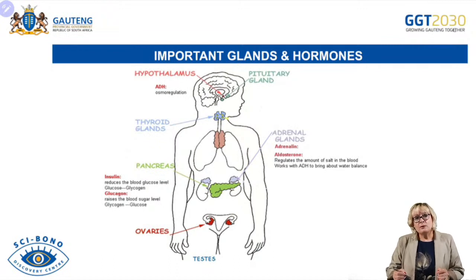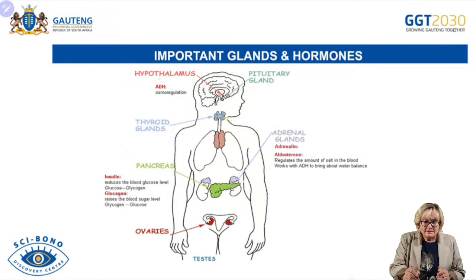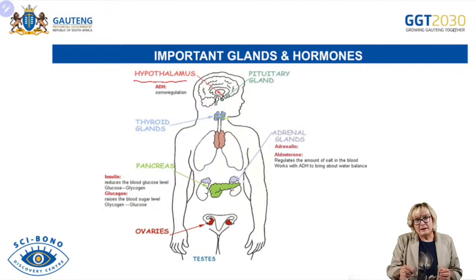Now I'm only going to highlight the glands, some of them, that you have studied this year. And next year you will learn about all the others. First of all is the hypothalamus. Now the hypothalamus is situated here in the brain, and that's actually part of your brain. And the gland that is associated with the hypothalamus is the pituitary gland.